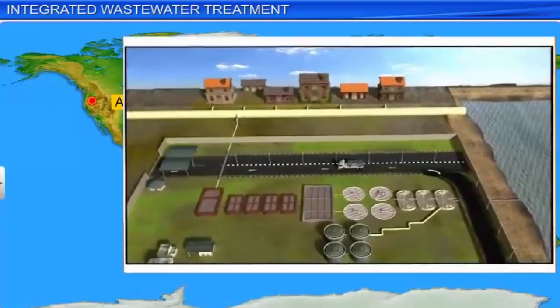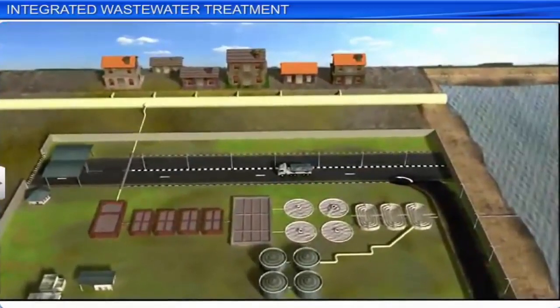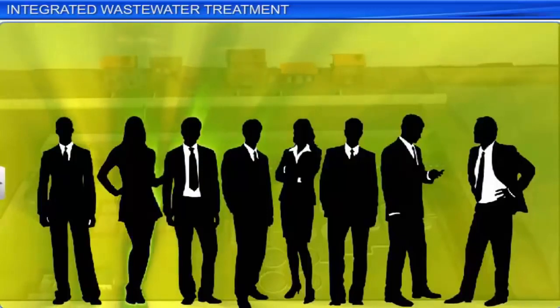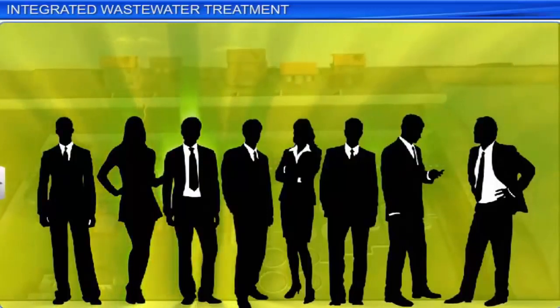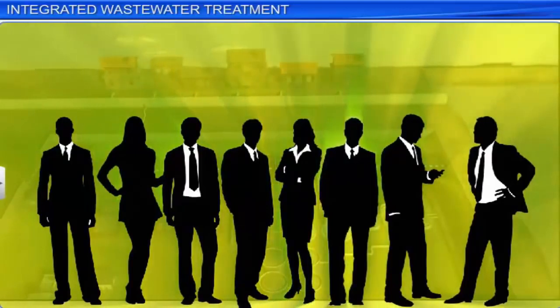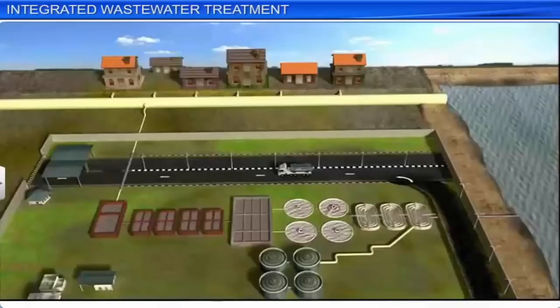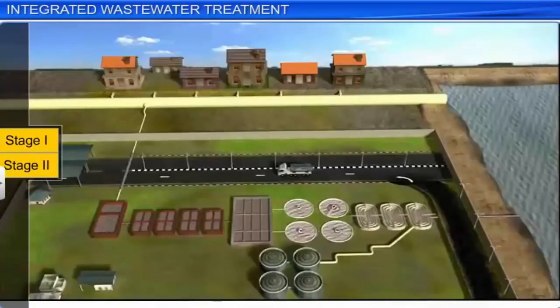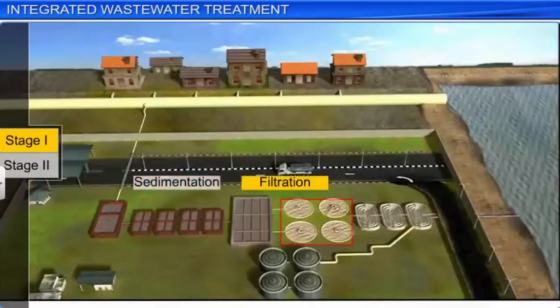To find a solution to wastewater, the people of Arcata collaborated with biologists from the Humboldt State University to integrate wastewater treatment within a natural system. The wastewater was treated in 2 stages. The first stage included treatments like conventional sedimentation, filtration, and chlorination.